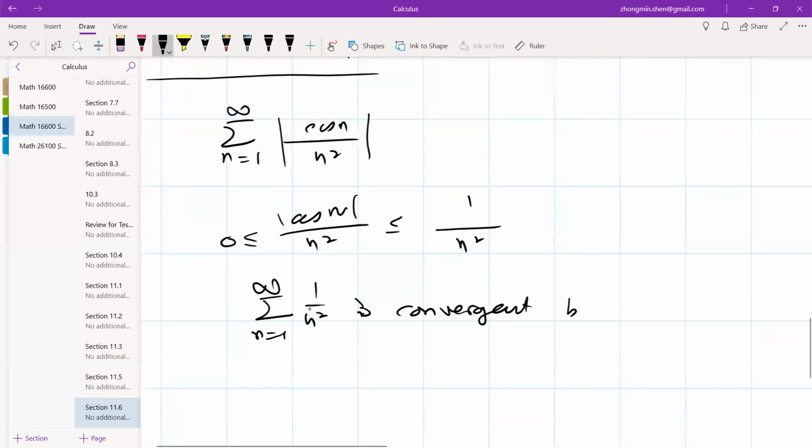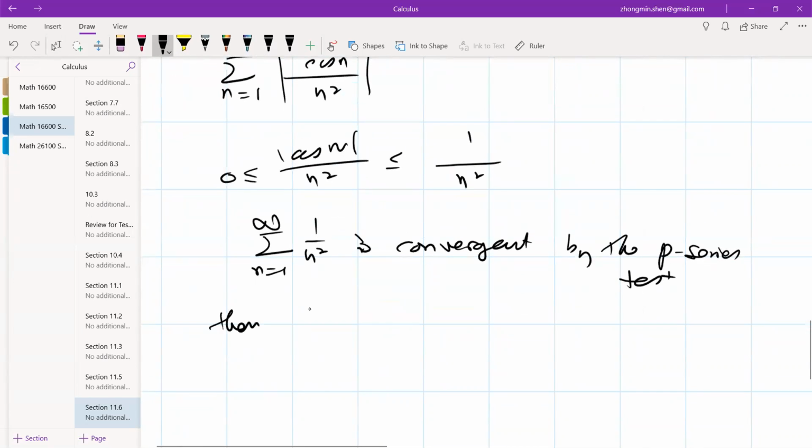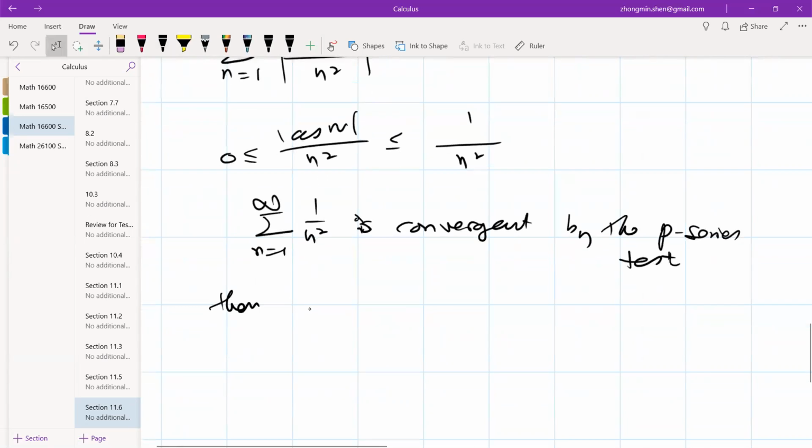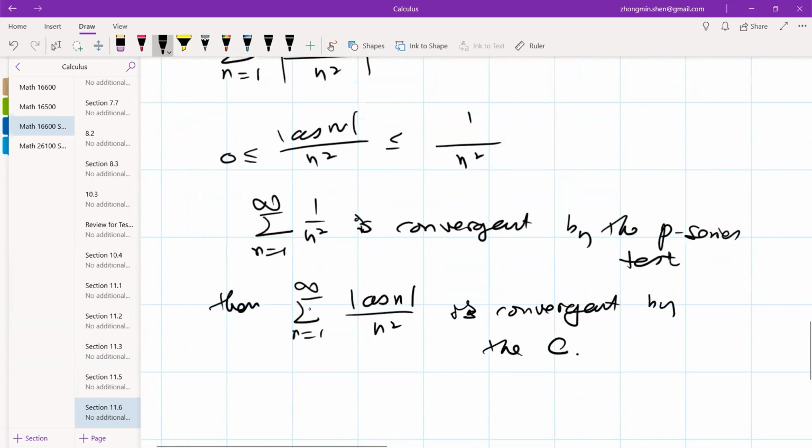So now we know that the series of 1 over n squared is convergent by the p-series test. Then this one, the series of absolute value of cosine n over n squared, is convergent by the comparison test.